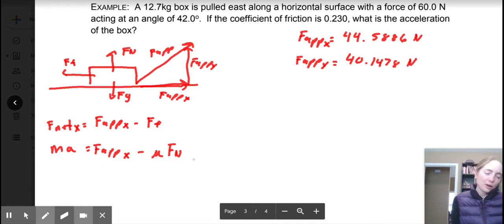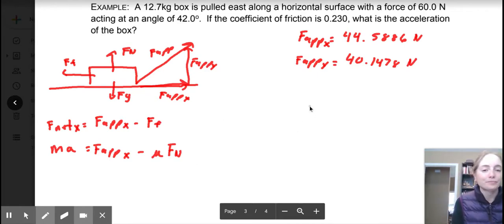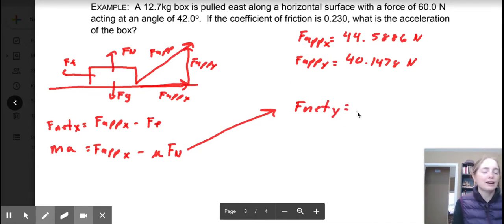Now, remember how in the previous lessons we've done a lot of our F net equations on the Y in order to get our Fn. This is the most common mistake that I see in this topic. Watch carefully here. Okay, this is where I see the most mistakes. In order to get this guy here, we are going to need to make an F net equation on the Y. Now, we no longer just have Fg and normal force acting here.